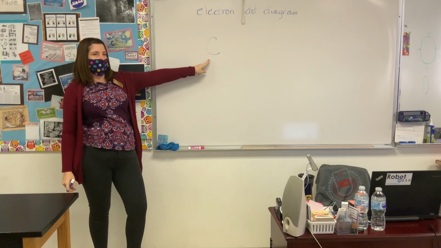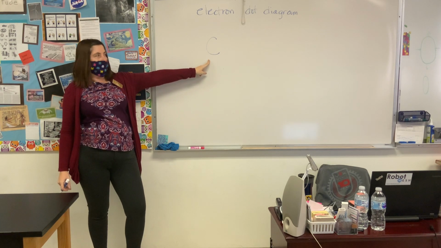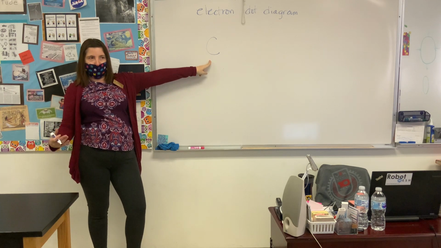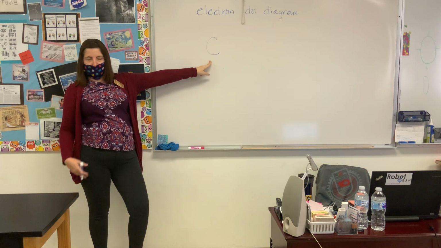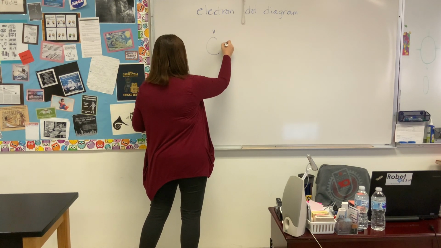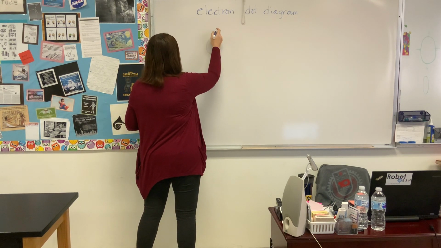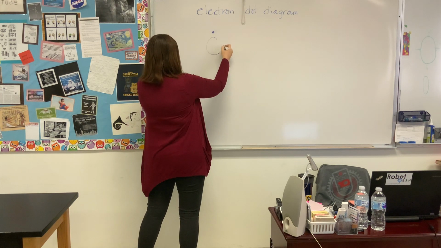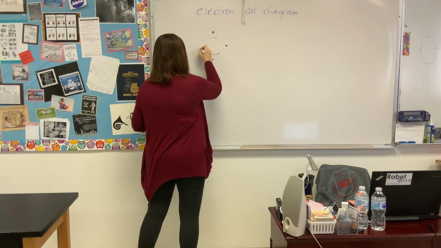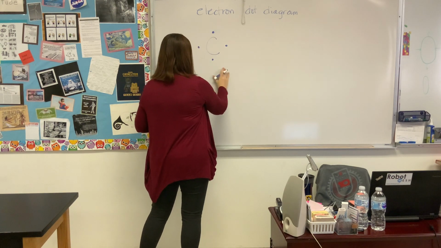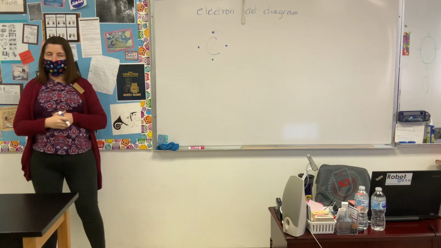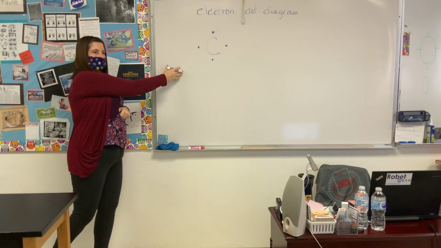So carbon, it's the letter C. Okay, how many valence electrons does carbon have? 4. So let's keep it as dots, since it is a dot diagram. We're going to say 1, 2, 3, 4. Okay? So this would be the electron dot diagram for carbon.